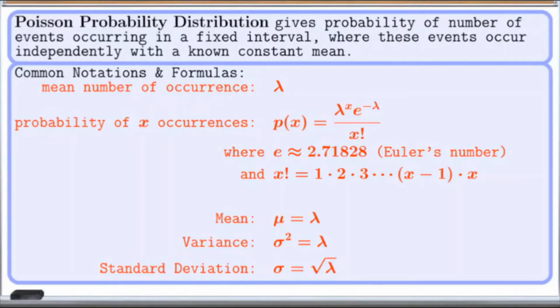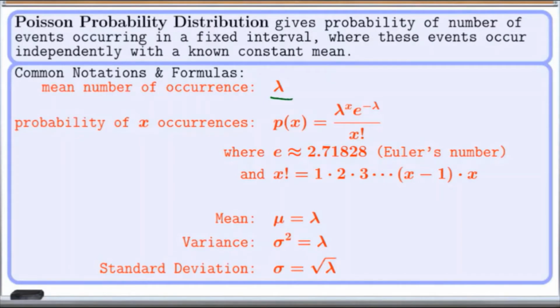Poisson probability distribution gives probability of number of events occurring in a fixed interval where these events occur independently with a known constant mean. And these are the common notations and formulas that are used. Mean number of occurrence is lambda.